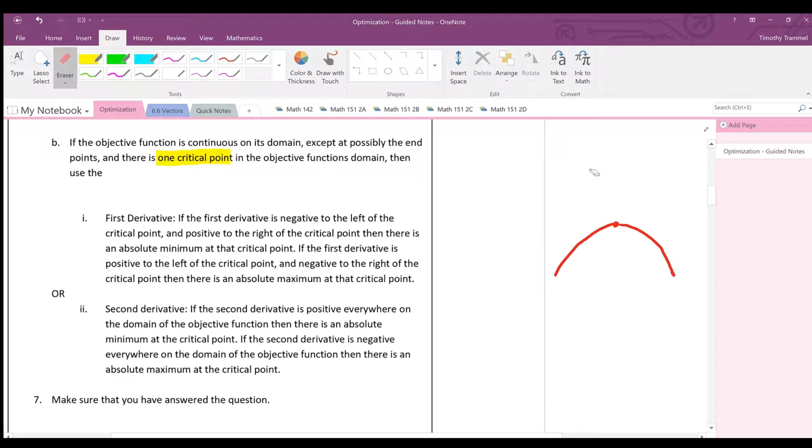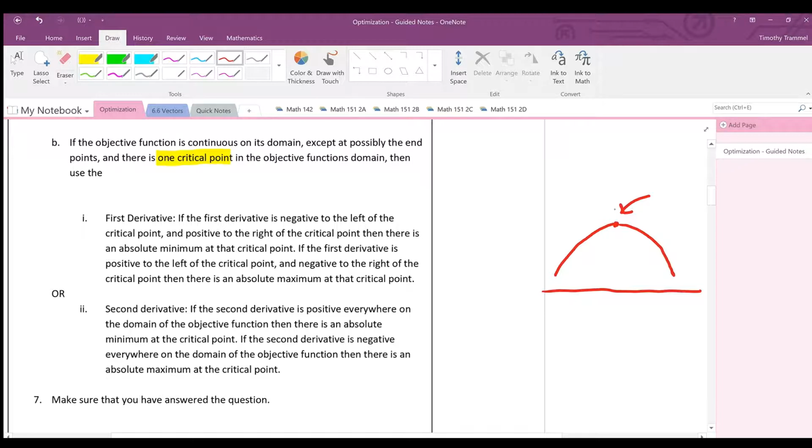And if we want to think about the second derivative, if you can show that it's concave down everywhere on its domain, again, concave down everywhere on its domain, then you know that this one critical number you have must be an absolute maximum.